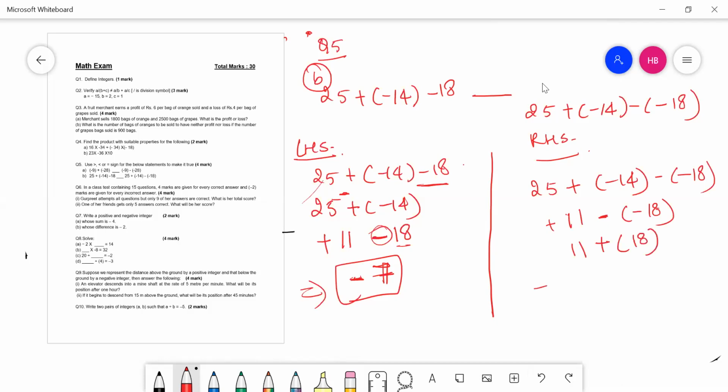So my answer will be 11 plus 18, which is plus 29. Obviously plus 29 is greater than minus 7, so the sign will be like this. So that's the answer. Now let's move to question number 6.